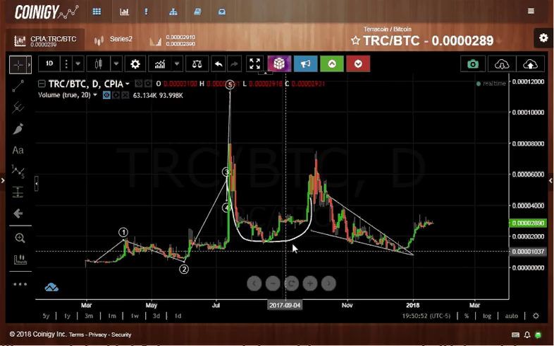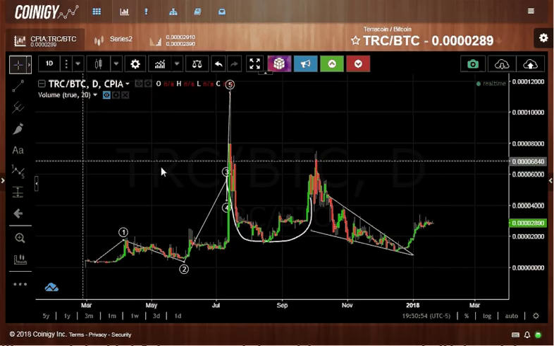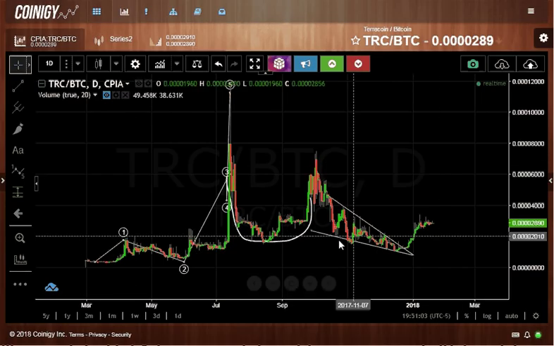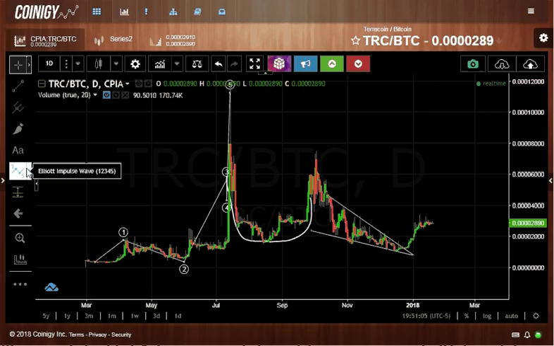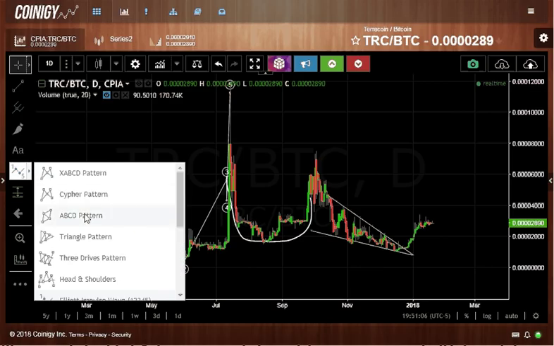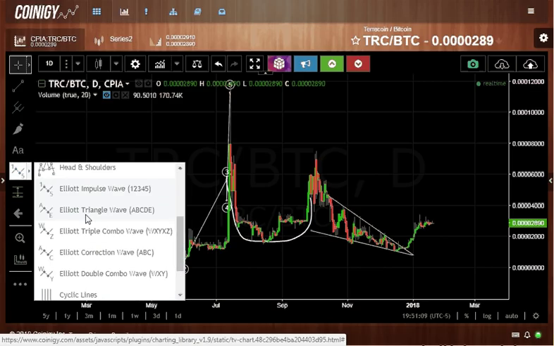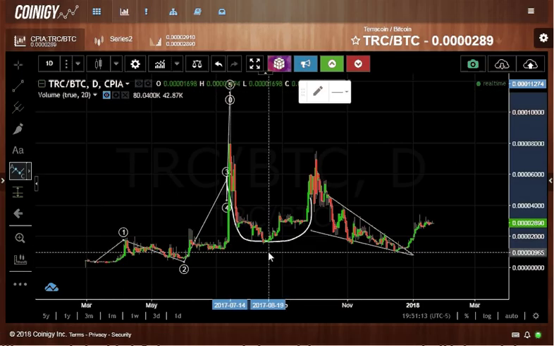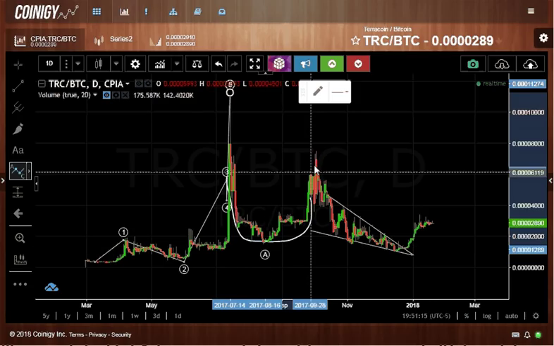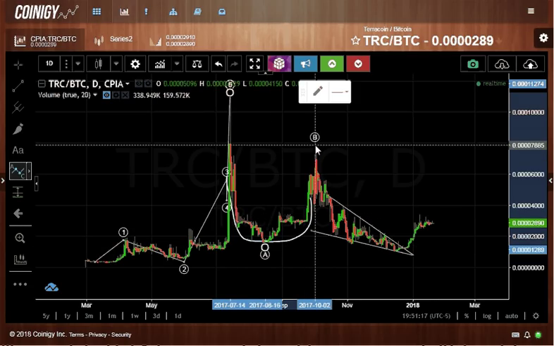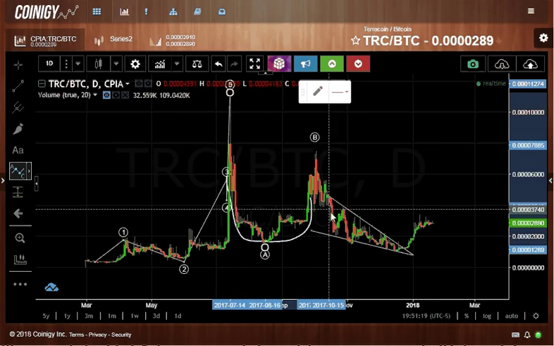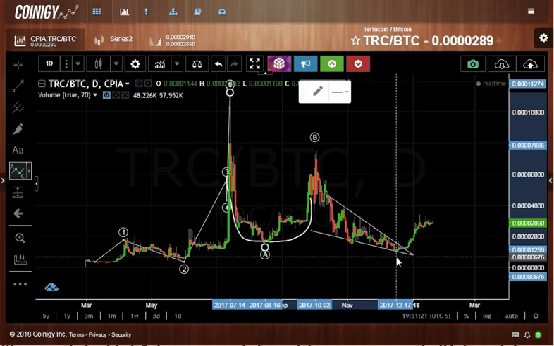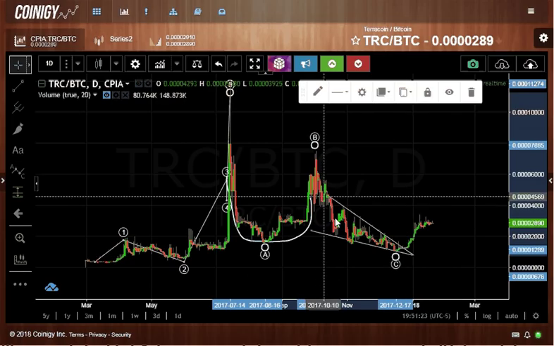And this is basically ABC. And that ABC of the correction can be labeled: A would be here, B, and then the remainder of it will be a C. 5 we've done, 1, 2, 3, 4, 5.